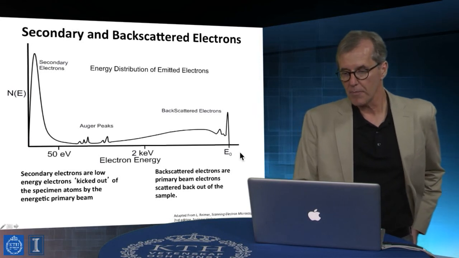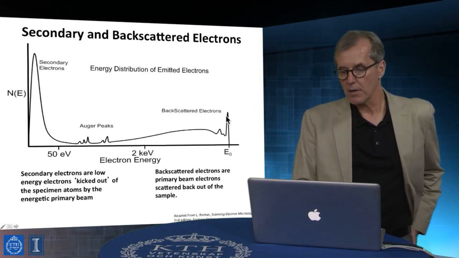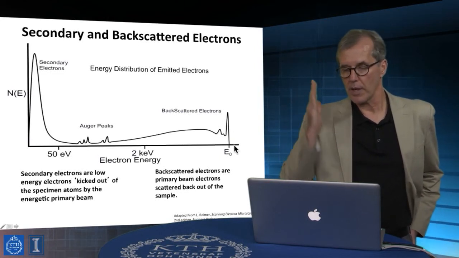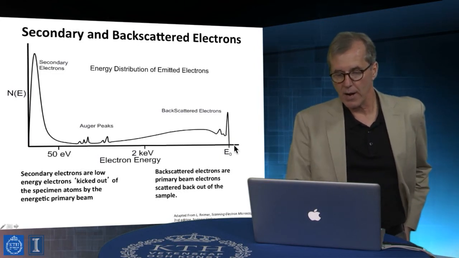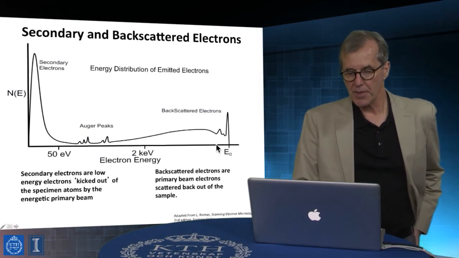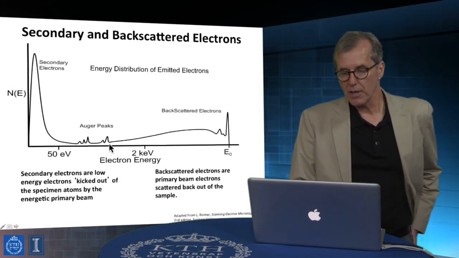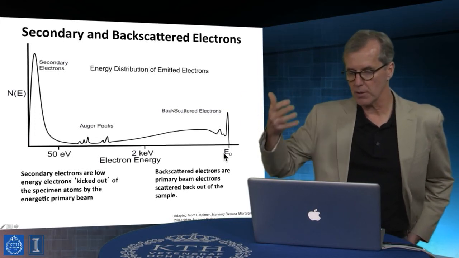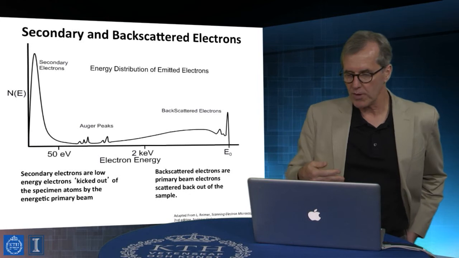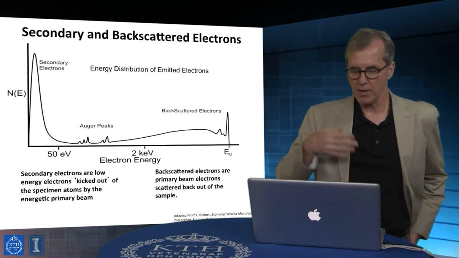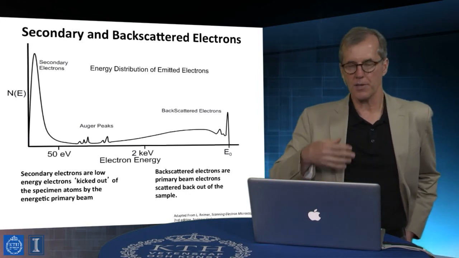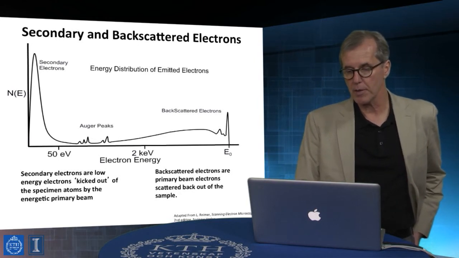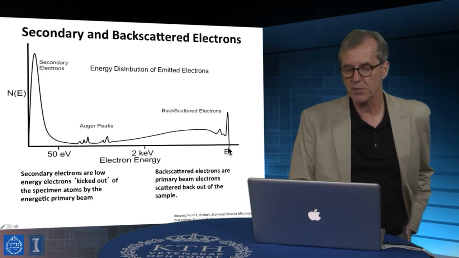We have E0 as the place where we put electrons in with a particular characteristic energy, and then what comes out is electrons. Our primary beam energy would be on the order of many kiloelectron volts, whether it's 5 or 10 or 20 or 30. That's an experimentally selectable parameter, and we'll talk about why you might pick one versus the other.